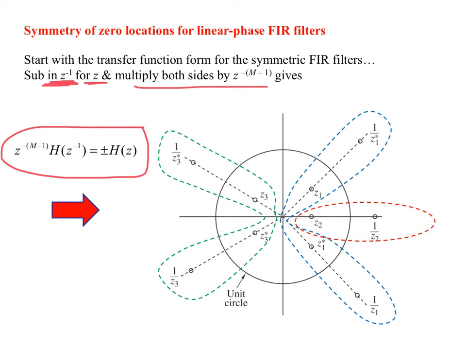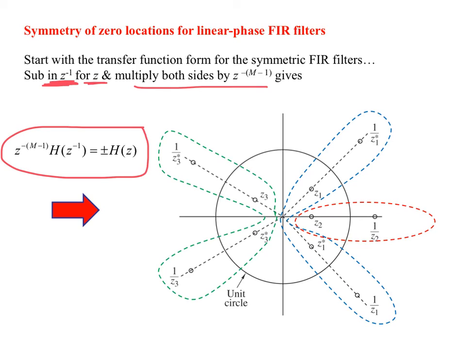And from that, we can see that there's a certain reciprocal nature to the occurrence of the zeros in the FIR filter. So basically all this is saying is that the zero structure of FIR filters that have linear phase have a certain shape or a certain characteristic.